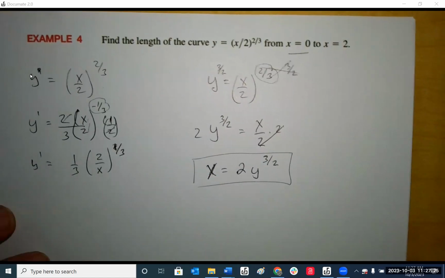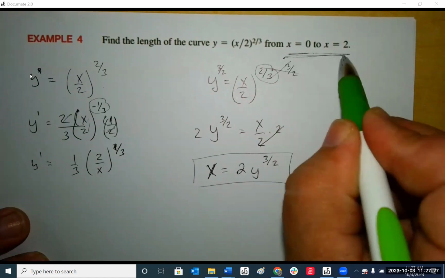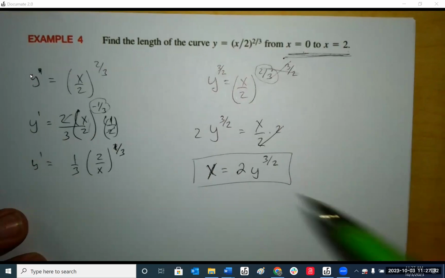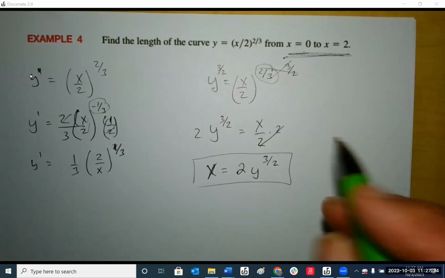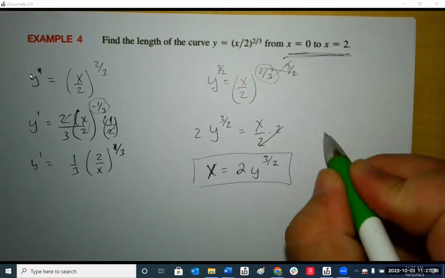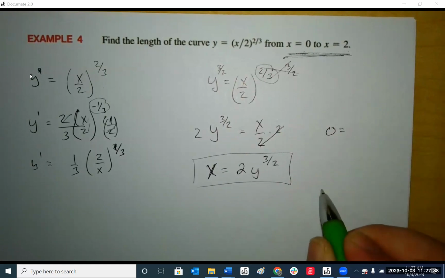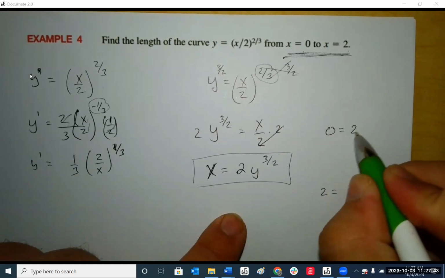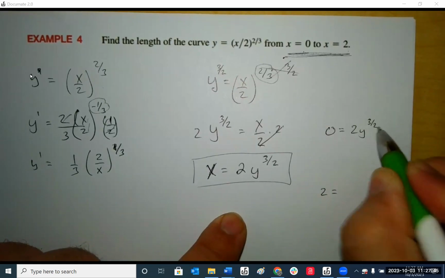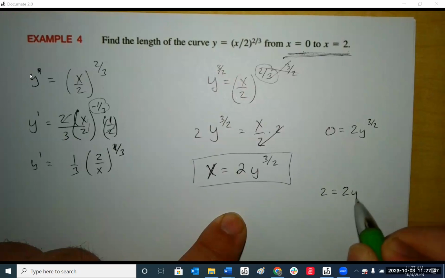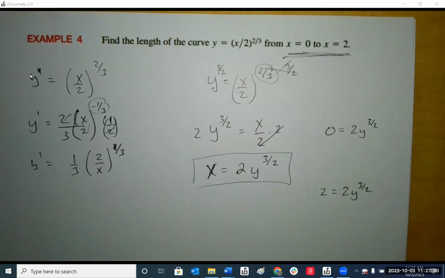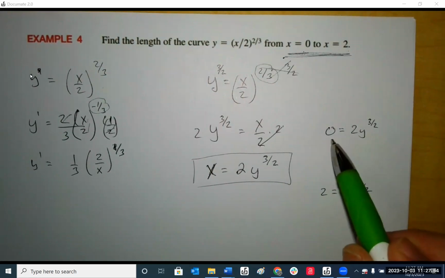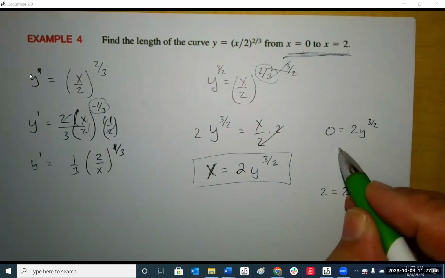We also, at this point, have to change our bounds. How do we do that? Using these, how do we do that? Well, set x equals 0 and set x equals 2. How can this function ever equal 0? If y equals what?